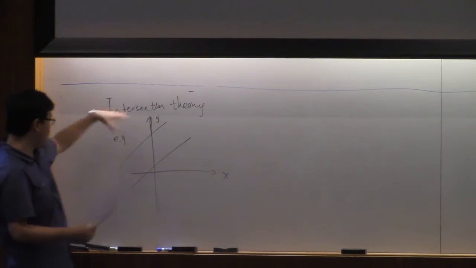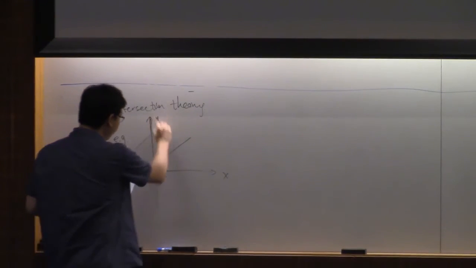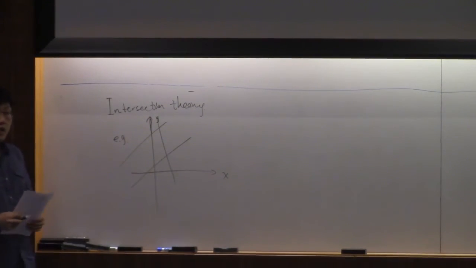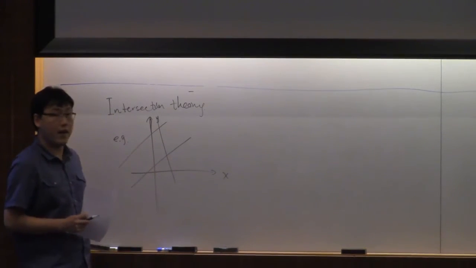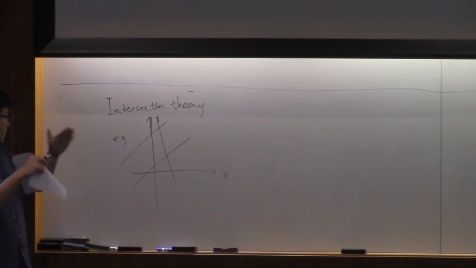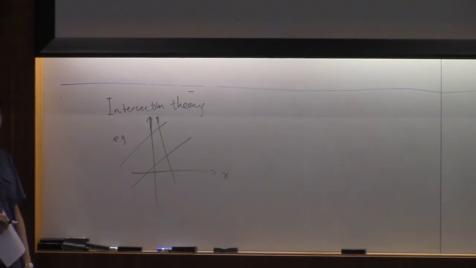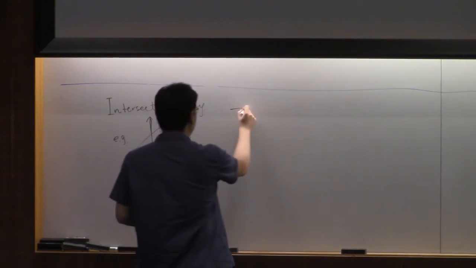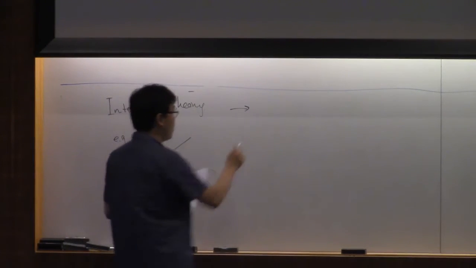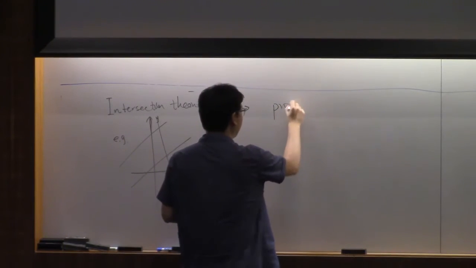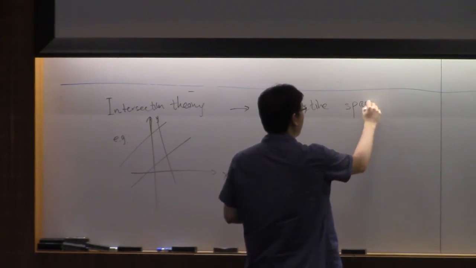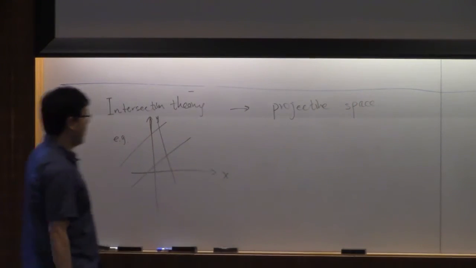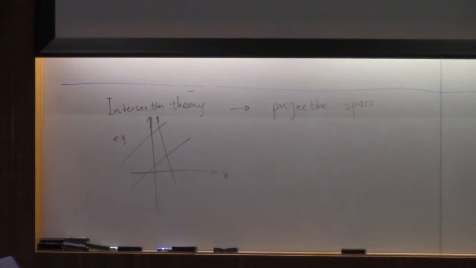But that means if you just consider the affine plane, the intersection theory may not be very good, because even for two straight lines, the answer depends on the relative position of the curves. So if you want to study the intersection theory, it is much better to consider the varieties inside the projective space.